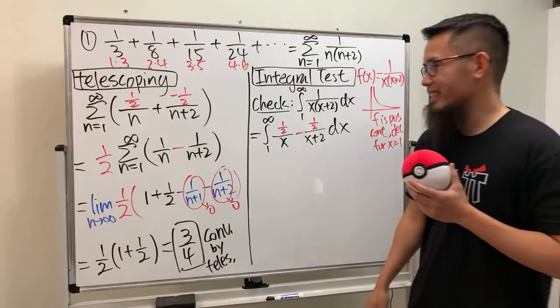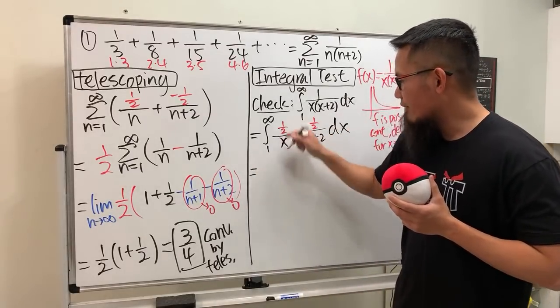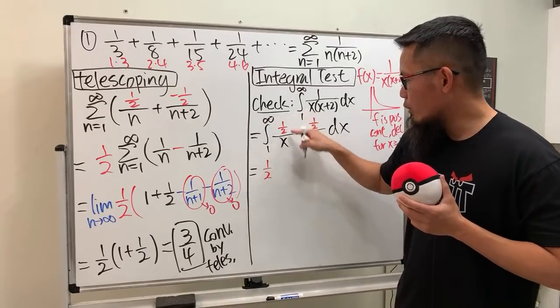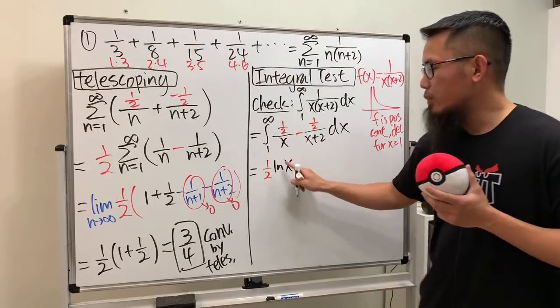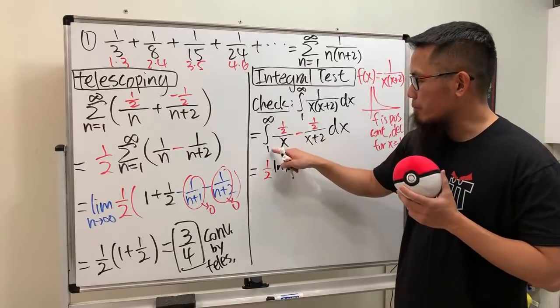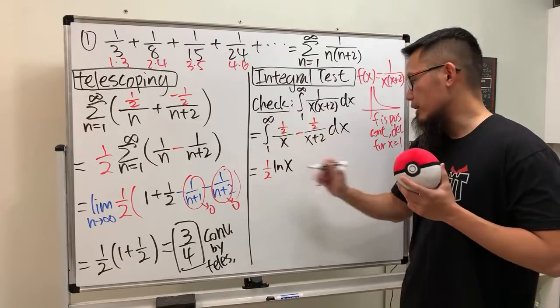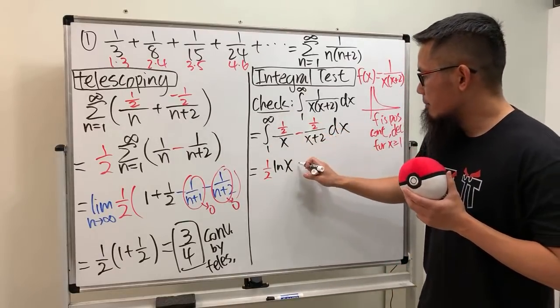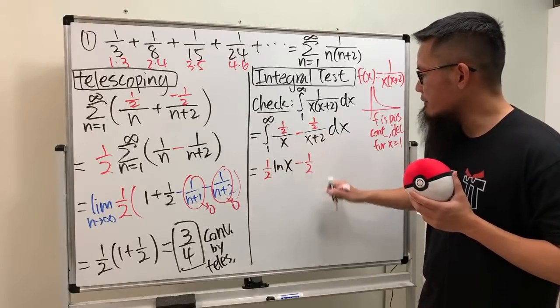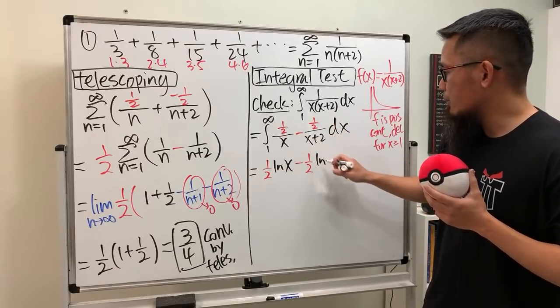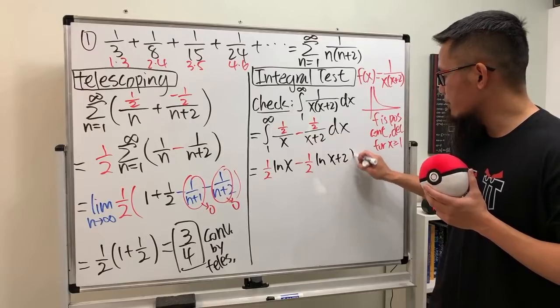Partial fractions. And then integrate that. We have the 1/2, and then 1 over x is ln x. And we don't need the absolute value because we are going from positive 1 to positive infinity. So that's okay. And then minus 1/2, and then we have ln, and then we have the x plus 2.